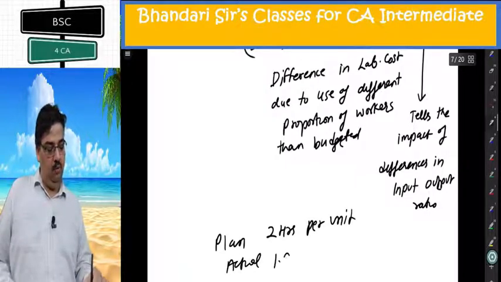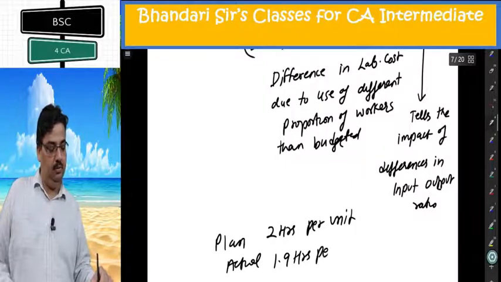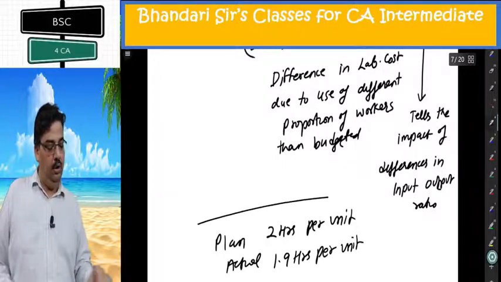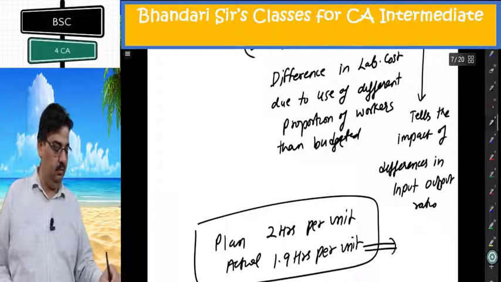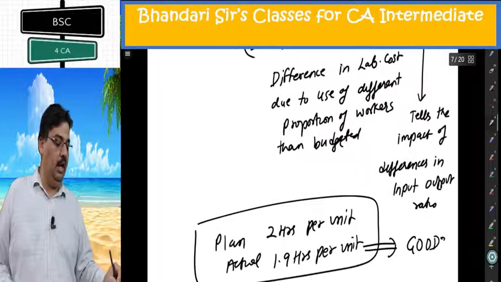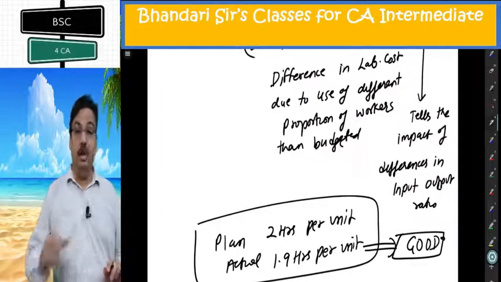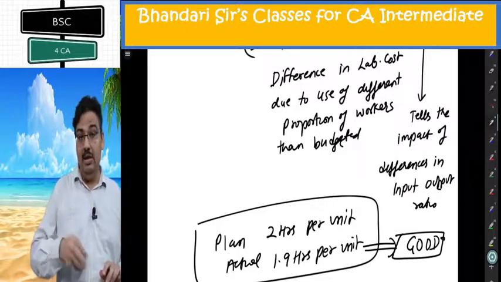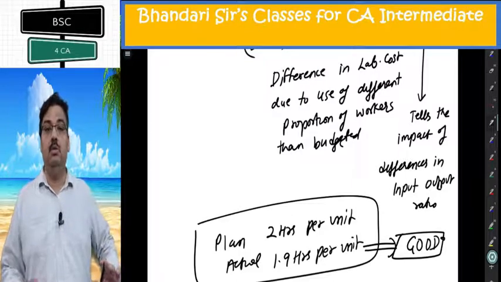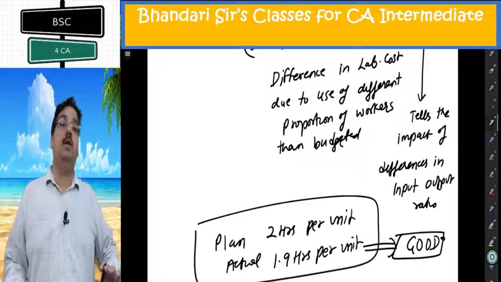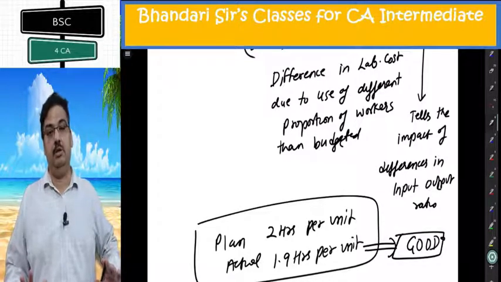Actual 1.9 hours per unit. Good or bad? This is good. In lesser hours, you are able to make the same product. Same unit of output you are able to make with lesser hours. That is good. Positive yield or sub-efficiency variance.